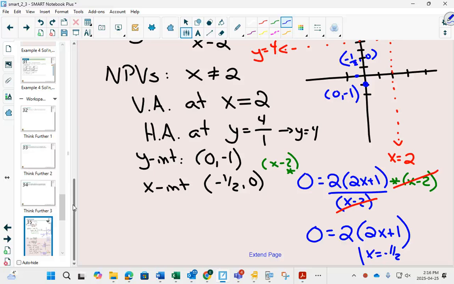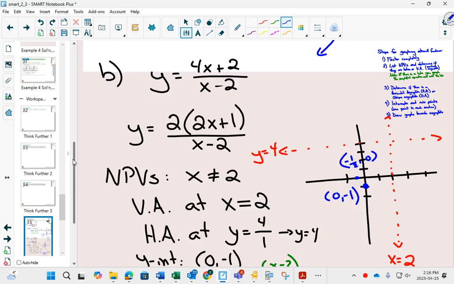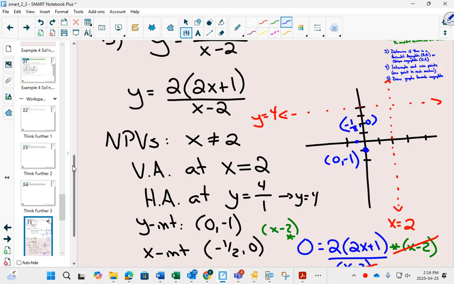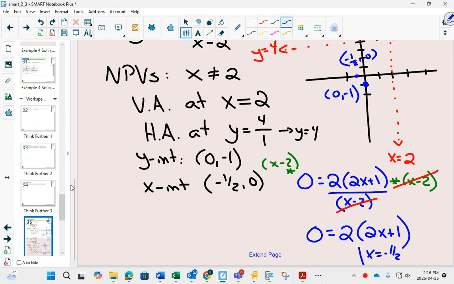So when we look back at our steps here, in step 4, which you might have to look at your notes because it's really tiny, it says intercepts and nice points, 1 point in each section. Now we're going to talk about what that means. Every time you have a vertical asymptote, it splits your domain up into 2 different sections.